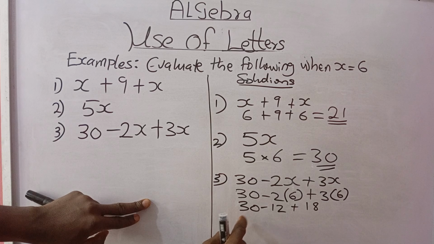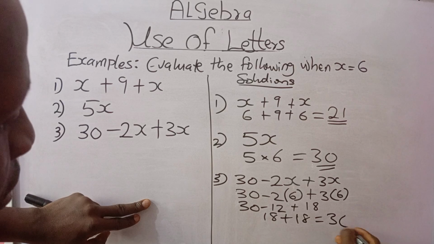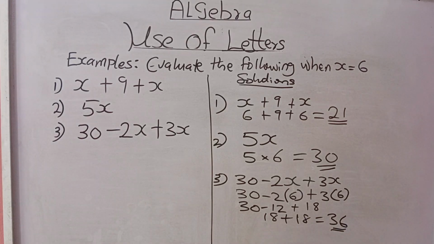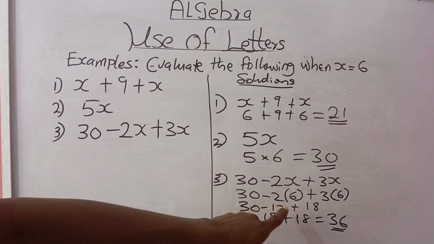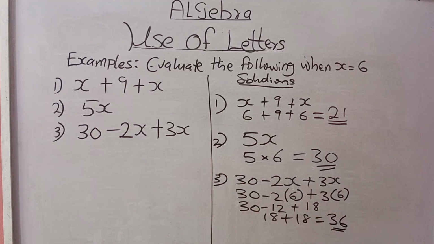That is by saying 30 minus 12 will give us 18. That will give us 18 plus 18. So what will be the answer? 36. So the result will be 36. Because 30 minus 12 will give us 18, then plus 18 will give us 36.